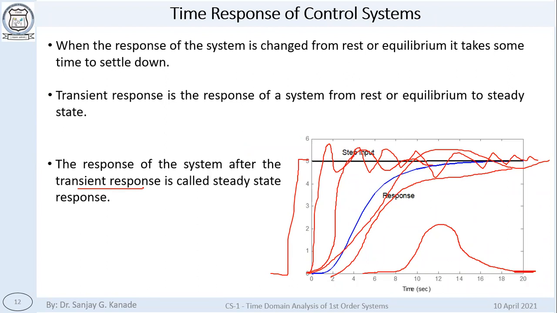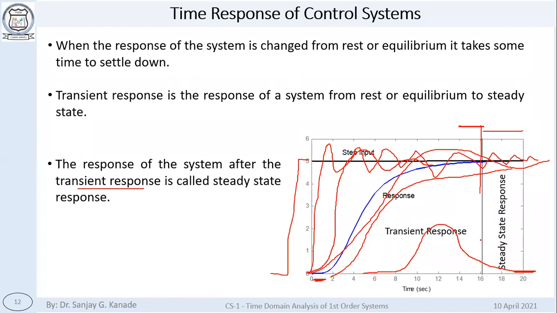It is the response of the system from rest to equilibrium, or to the next steady state. Steady state is again the part where the system settles down. That is called steady state response.